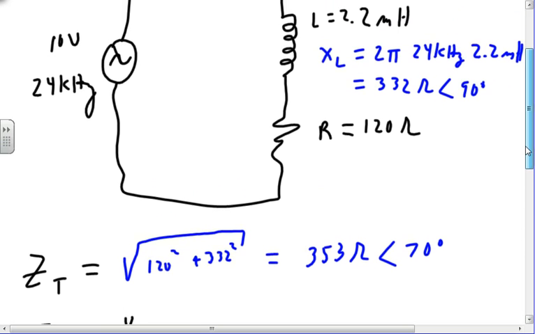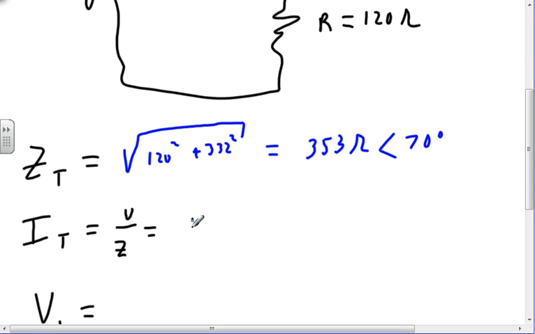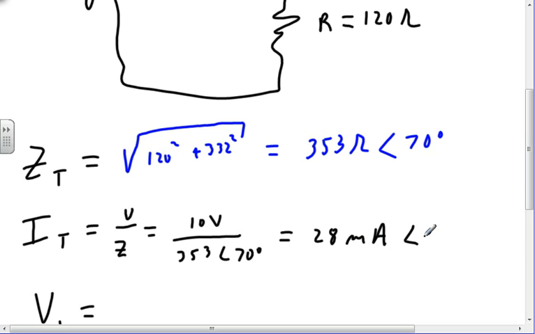The voltage is 10 divided by 353 angle 70 degrees. You handle the magnitude first: 10 divided by 353 is 28 milliamps, angle minus 70.